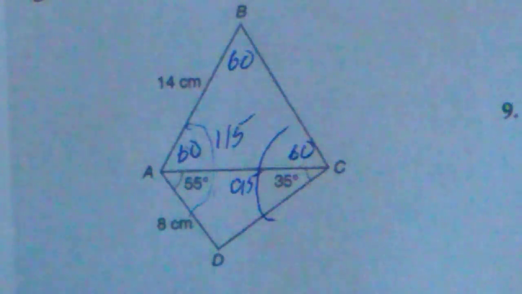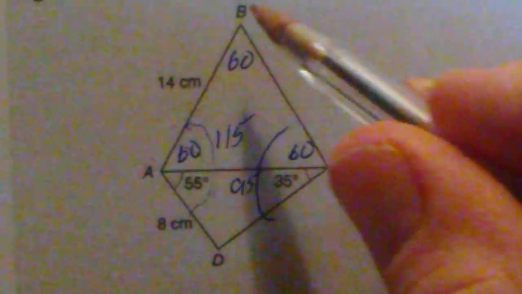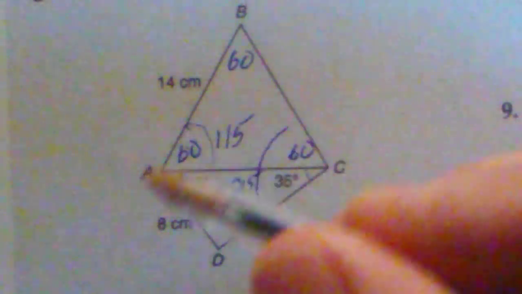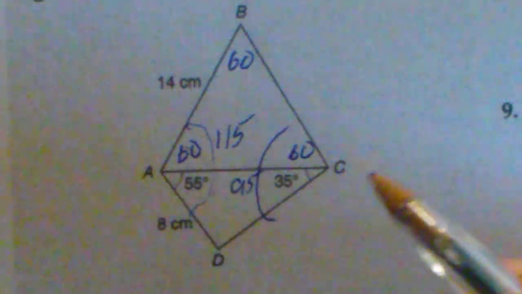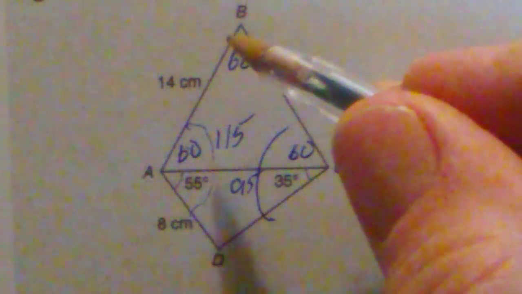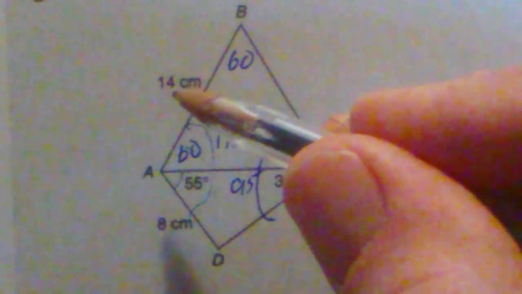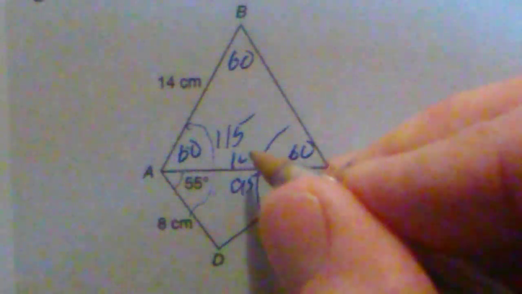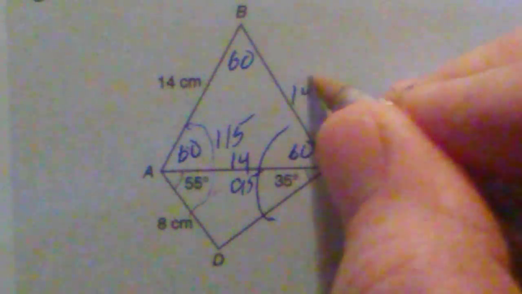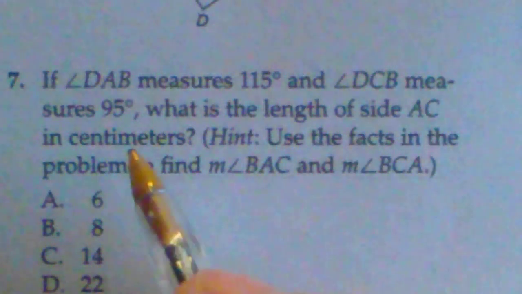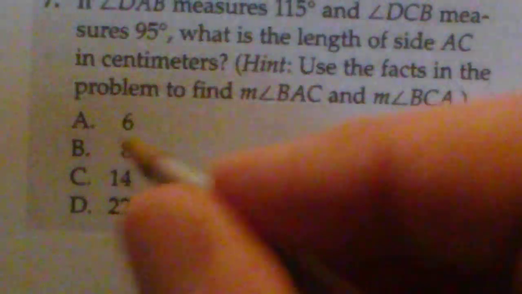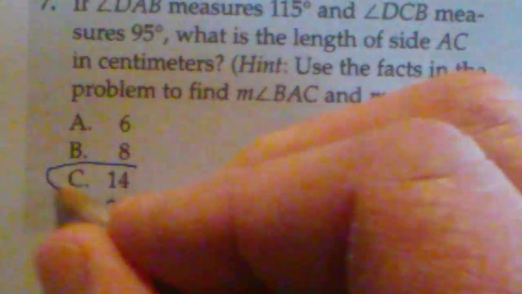That's an equilateral triangle, which means all three sides are the same. If we want AC, we just have to find another one. Here's another one. AB is 14. That means this one is also 14, as is this one here. But we want AC. That's the question. So the answer will be 14 centimeters. And there it is.